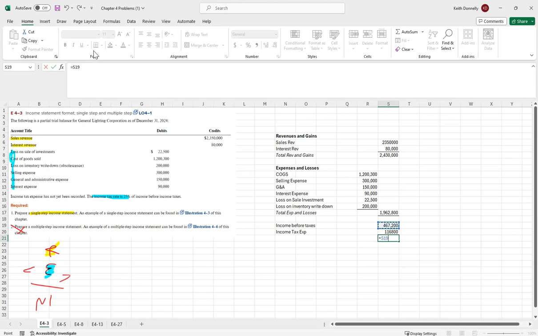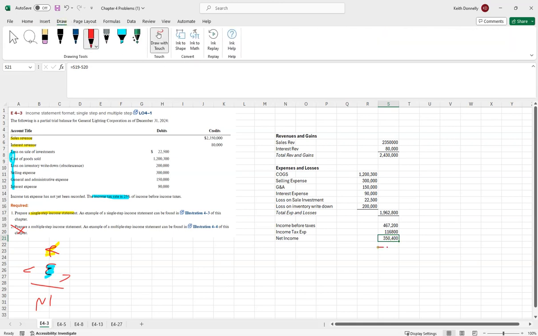When we take our pre-tax income and back out our taxes, our net income is going to be $350,400. The idea is if we did the multi-step, this $350,400 would still be the bottom line item, the net income, but how we get there would be different. You'd still start with the sales revenue, but you then have to back out the cost of goods sold.